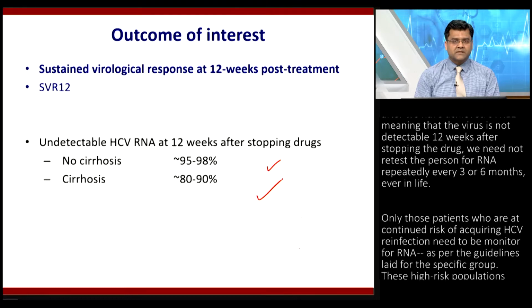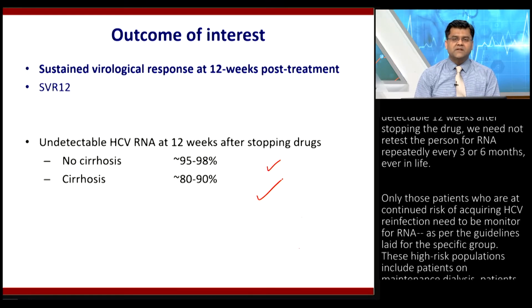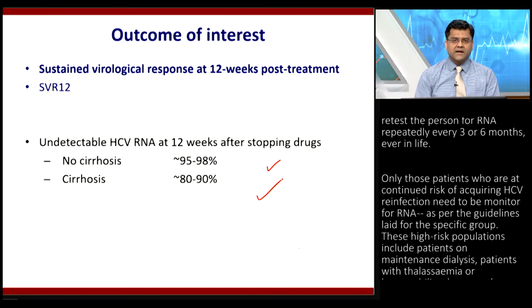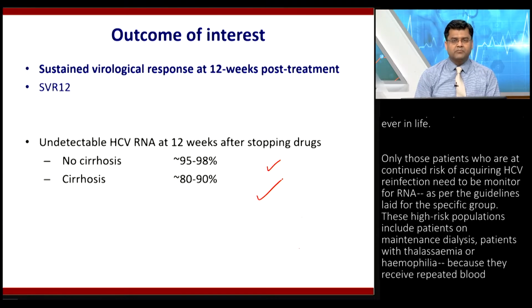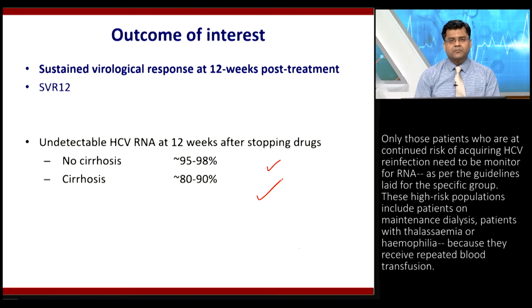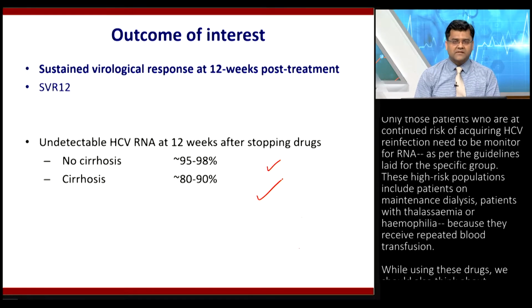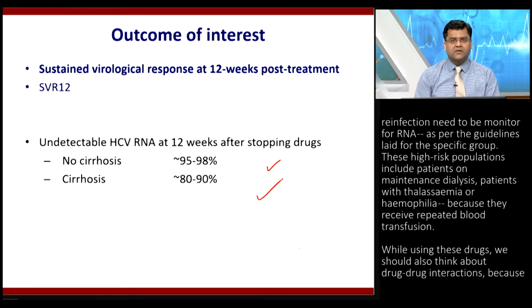Only those patients who are at constant risk of acquiring HCV reinfection, we need to monitor with RNA as per the guideline laid for the specific group. These high risk populations are patients on maintenance dialysis, patients with thalassemia because they need repeated blood transfusion, or hemophilia.